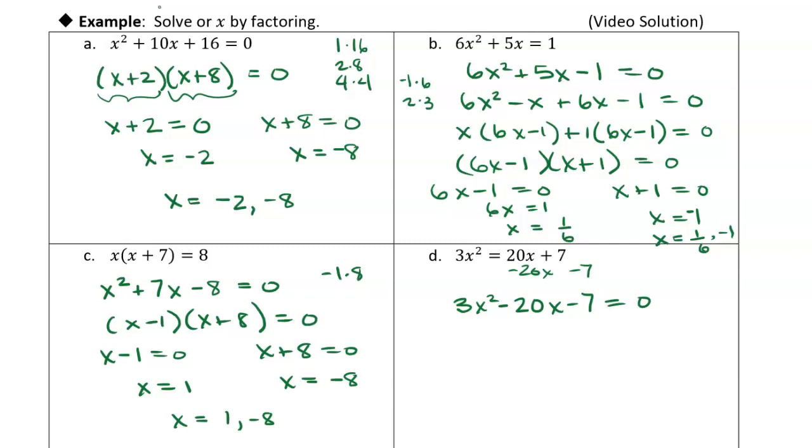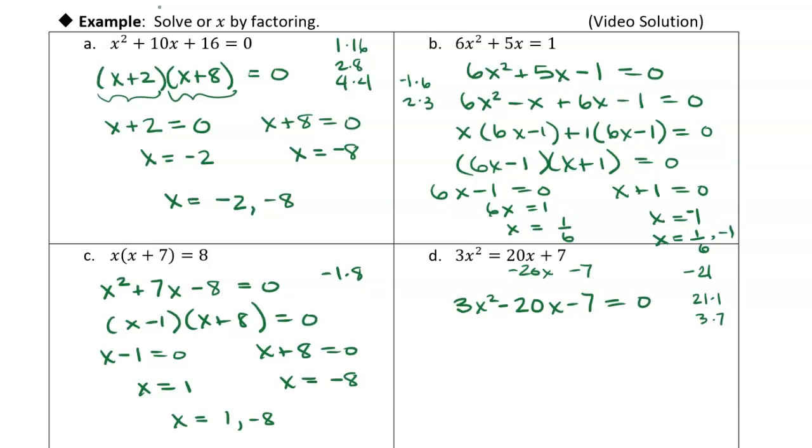All right, so now I just need to factor that, and I'm going to split the middle term. I have a leading coefficient of 3, and there's no common factors among all three terms. So I'm going to take 3 times negative 7. I get a negative 21, right? And so my factors are, if I just look at 21, I get 21 times 1 or 3 times 7.